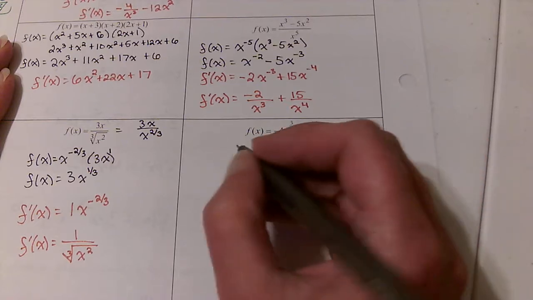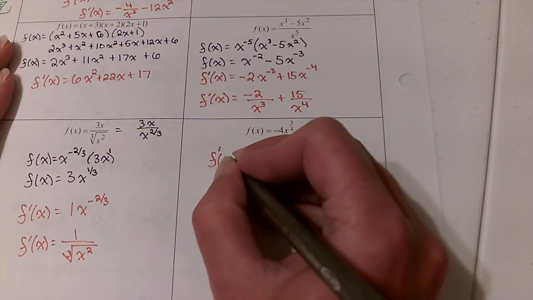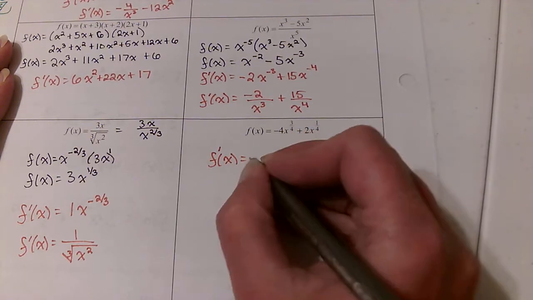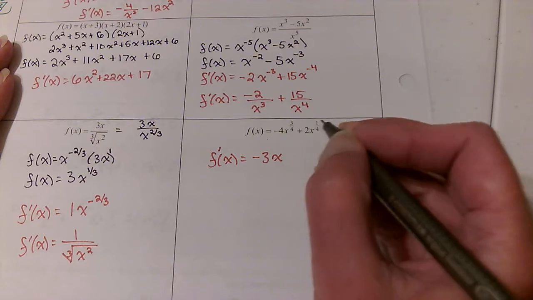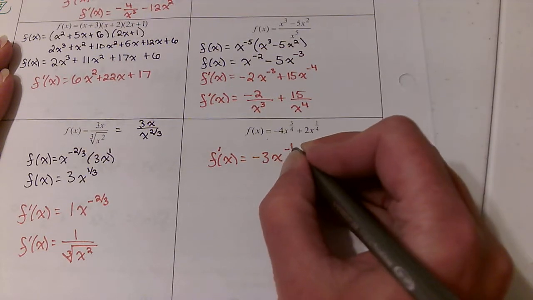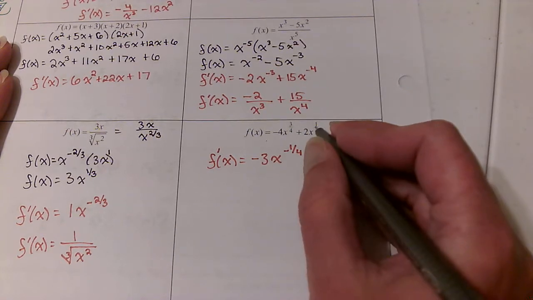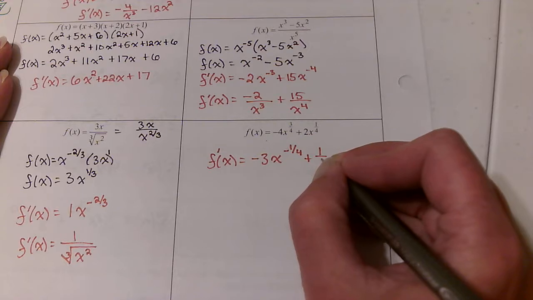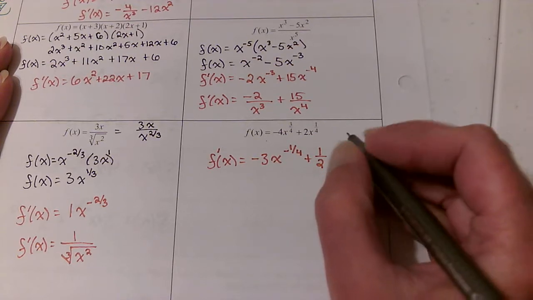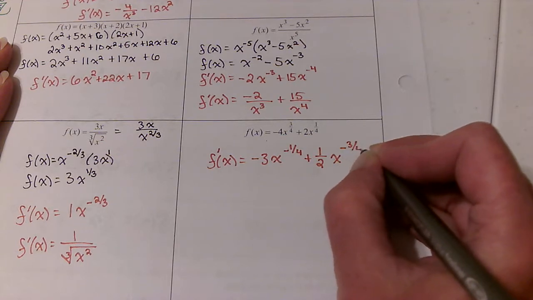This one's already in polynomial form. F prime is negative 3x to the, what happens if you subtract 1 from 3/4? Get negative 1/4. Multiply, it's going to give me 2 times 1/4 would be 1/2. X to the negative 3/4.